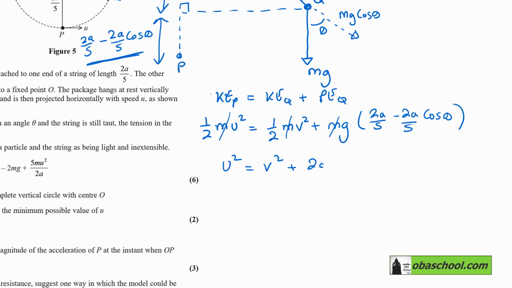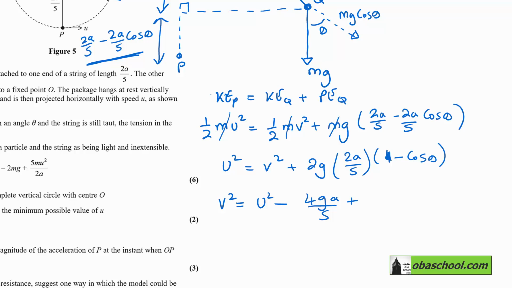Remember, I multiplied through by 2, so I've got 2g. Then we've got 2a over 5, and we've got 1 take away cos theta. And then we can rearrange that to make v squared equal to u squared take away 4ga on 5 plus 4ga on 5 cos theta. And we'll use that result in a moment.